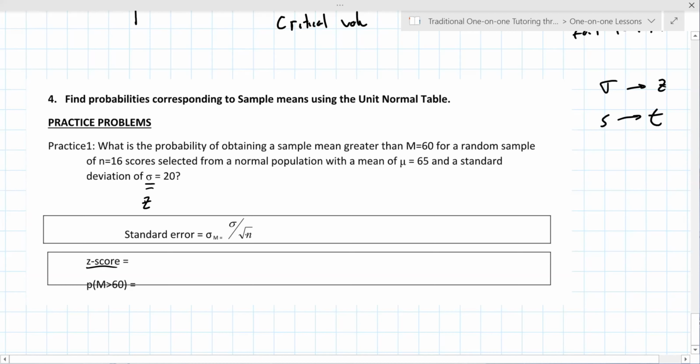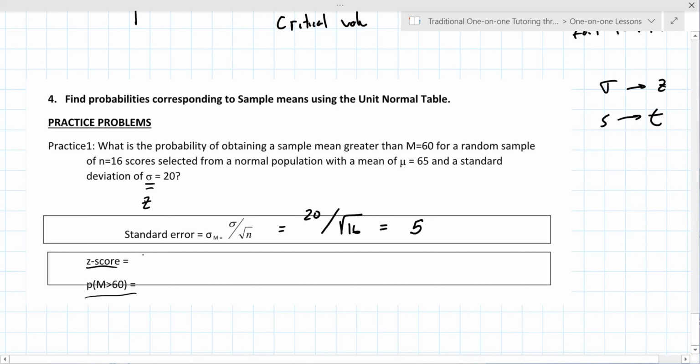Okay, so they want you to find all 3 things that lead you to the actual question. That's the thing that maybe is on your test, but you have to do these individual steps. So the standard error is sigma, which is 20, over the square root of n, which is 16. Are you allowed a calculator on this exam? Yes. Okay, because the numbers so far have been such that you could do it without a calculator, but this ends up being 5.